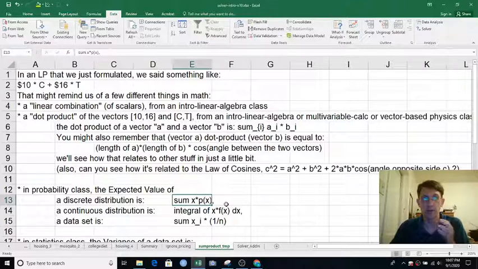We multiply things like probability densities by x values and then add those all up using an integral. And even when we're taking the plain old mean of data, you could write it as 1 over n times the sum of the values, but you could also see it as each individual value times a weight of 1 over n, kind of like the probability of seeing this value in the data set we have is 1 over n, because it's one of the n values in the data set.